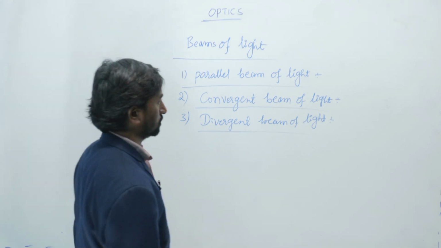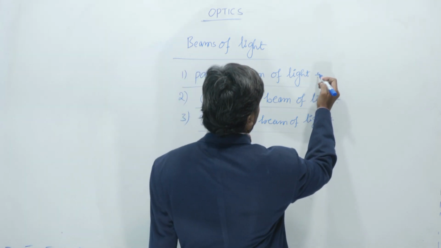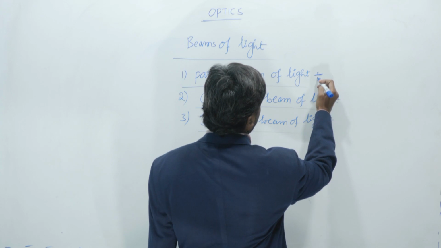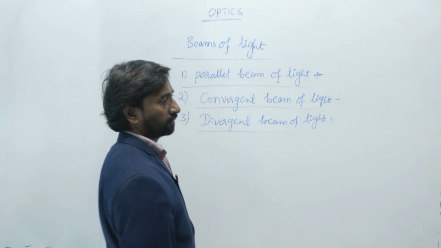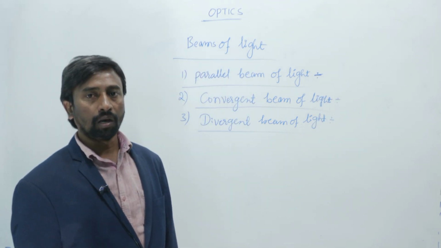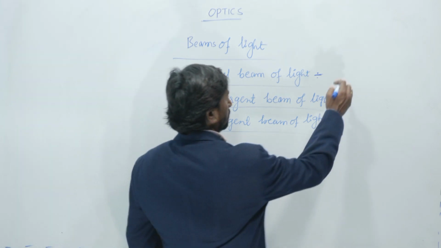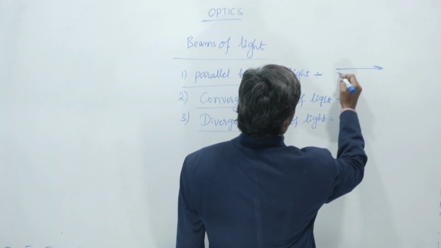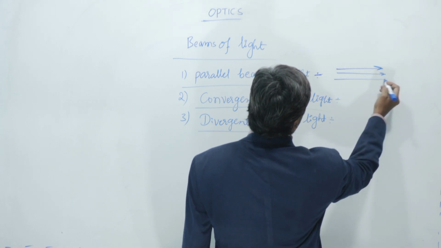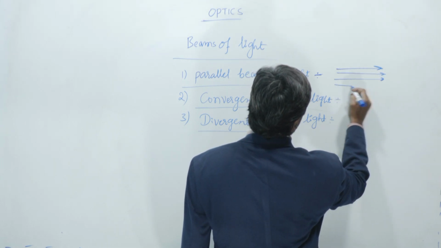Parallel beam of light means the beam of light in which all the light rays are parallel to each other.